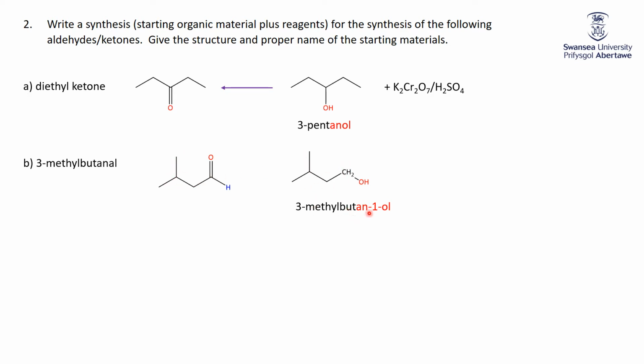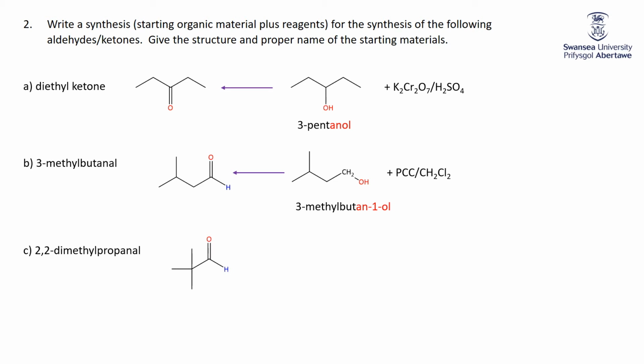So 3-methyl-butan-1-ol. Now, of course, A level would have you just do that same reaction with the acidified chromium 6, and just be careful and pull it off early. Much better to do it with PCC and CH2Cl2. So in other words, in anhydrous conditions, using a very nasty solvent and using that pyridine chromium salt.